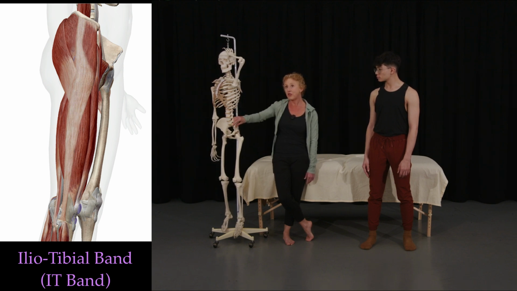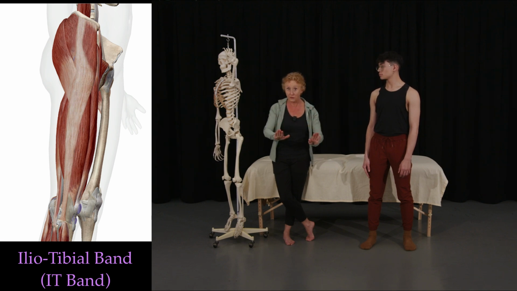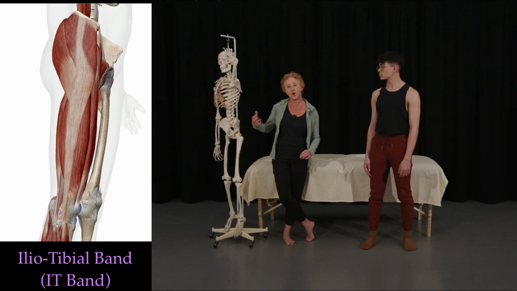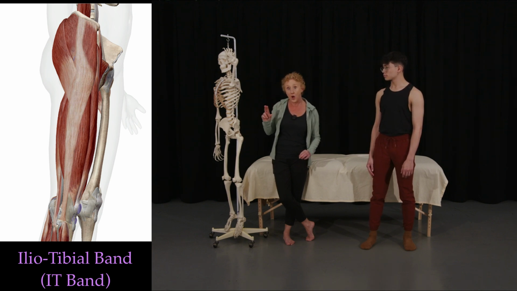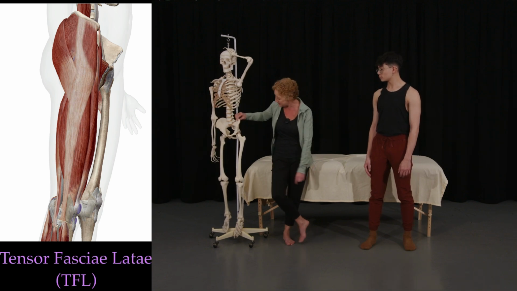Now, remember that this is essentially like a long tendon. You could think of it as a long tendon, but it's really a fascial band. And if you don't know what fascia is, go and watch the fascia video. All these videos interconnect, so you've got all those jigsaw pieces to figure out what's going on. The top end of that band, where it originates, is from two muscles, one of which is called your tensor fascia lata.